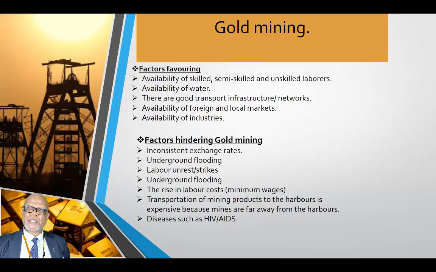So a country that sells raw material and a country that sells finished products, the country that sells finished products is going to make more money because finished products are more expensive, but raw materials are cheaper.